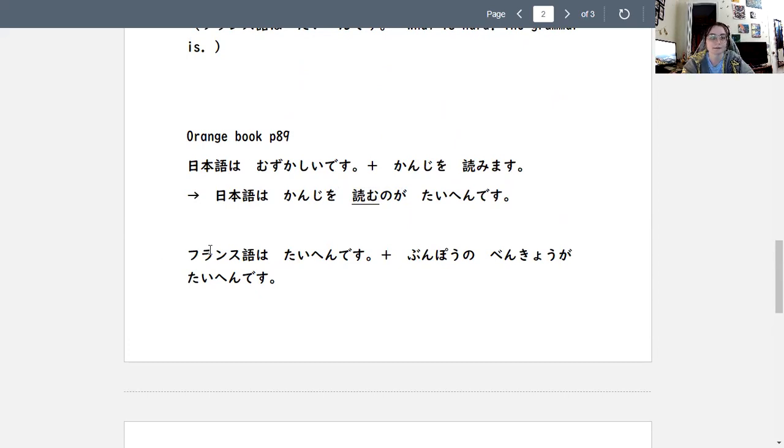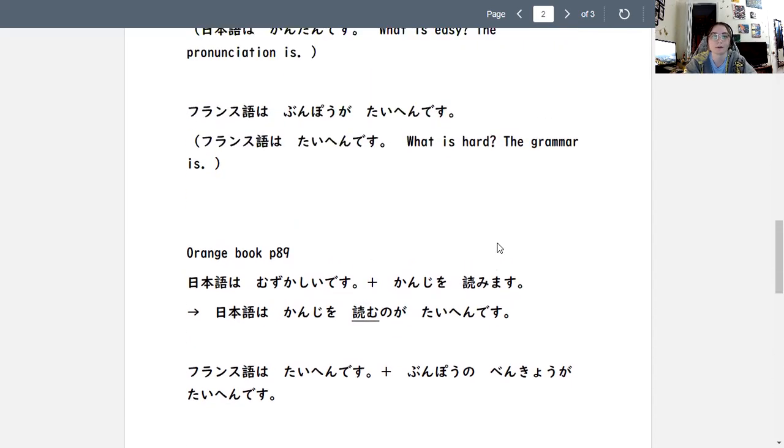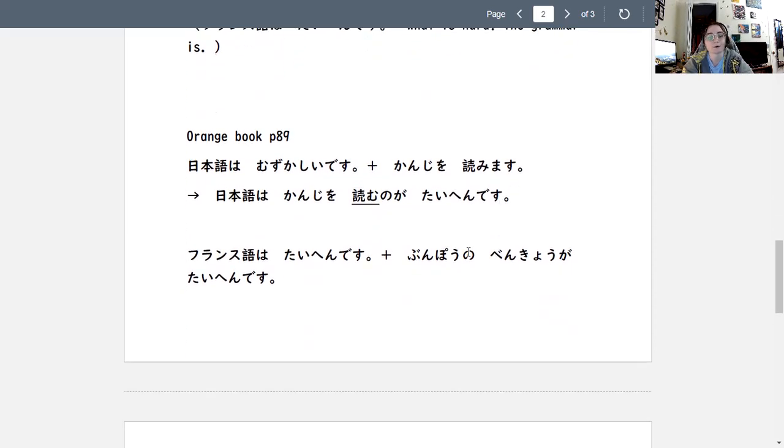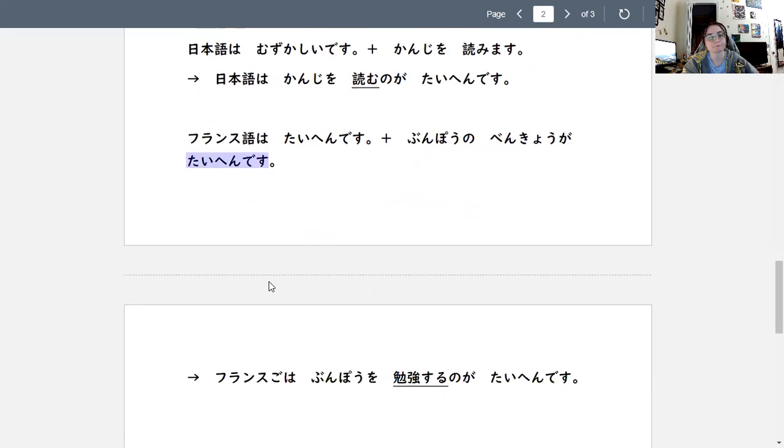Okay, and this next one is フランス語は大変です. So French is hard, plus 文法の勉強が大変です. So 文法 was grammar. So you're saying, oh, French is hard, but you're also saying that studying grammar, 勉強します, is also difficult.